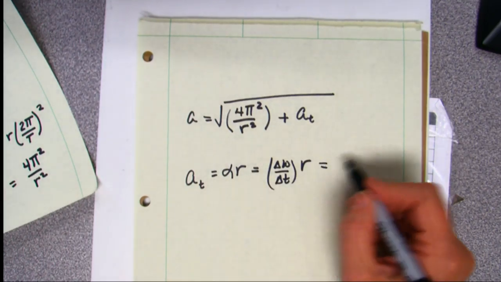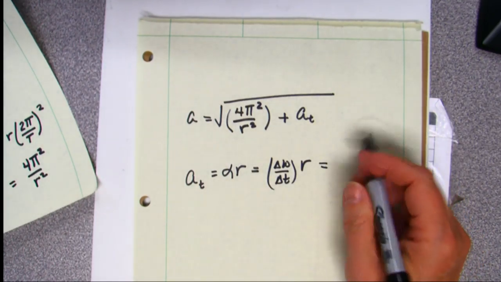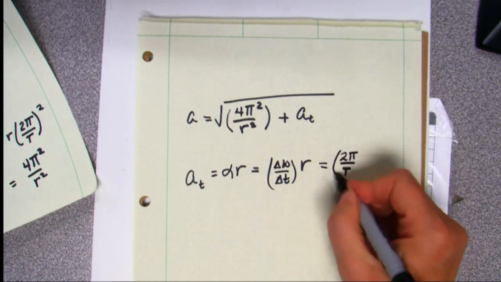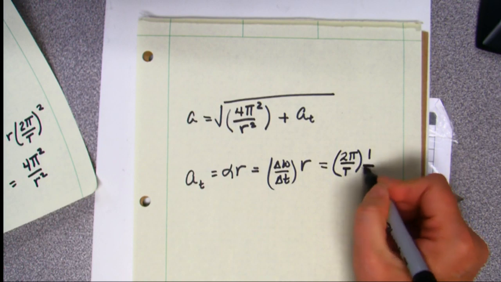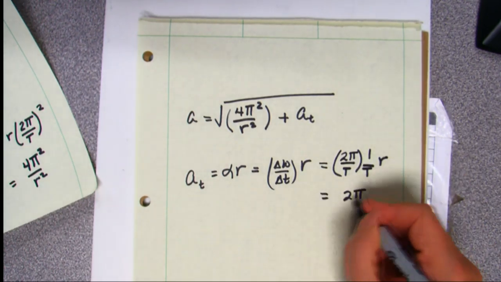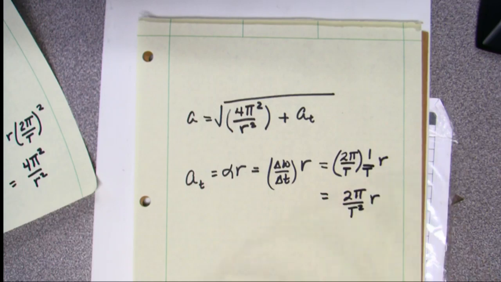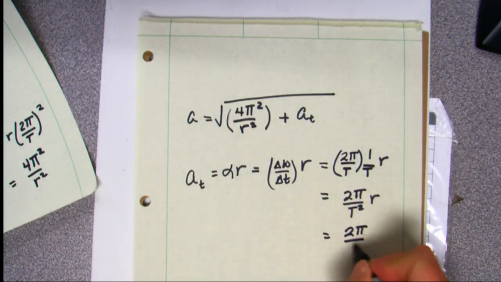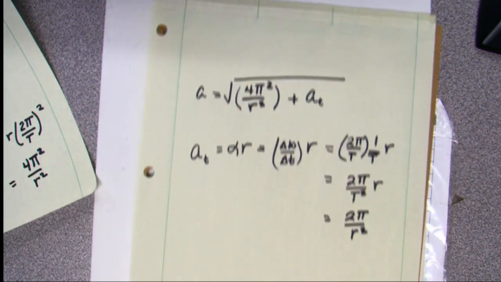My time is my period, and my omega is 2 pi over the period. I have 1 over the period, and I have r. So now I get 2 pi over T squared times r. But my T squared is an r cubed, right? So I get 2 pi over r squared for my tangential acceleration.